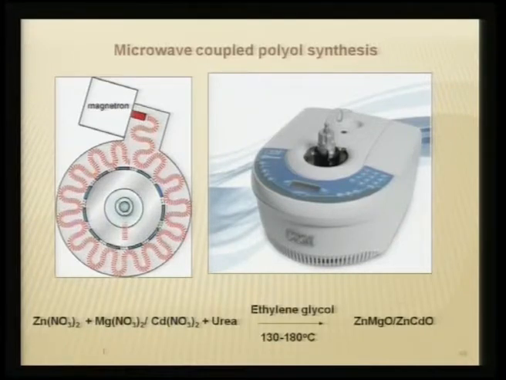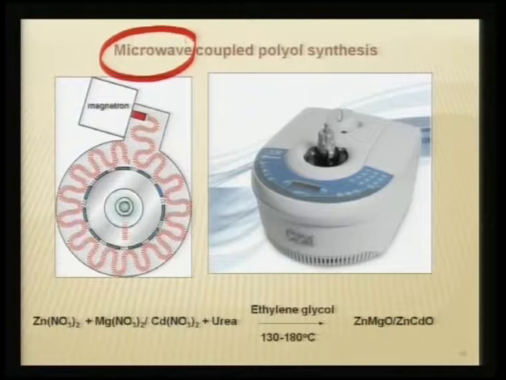Microwave coupled synthesis is used predominantly in organic synthesis also, but what we are trying to do is use microwave and also use polyol to hydrolyze the zinc salt in order to get zinc oxide in a one pot reaction.